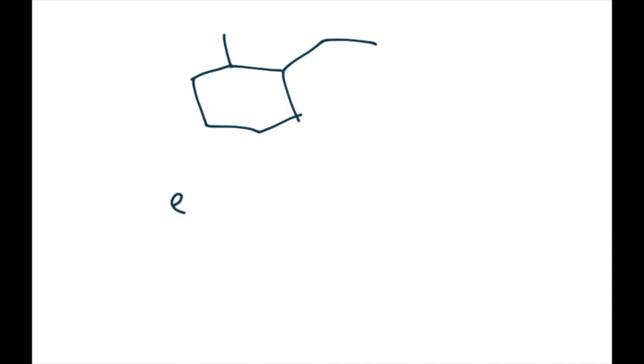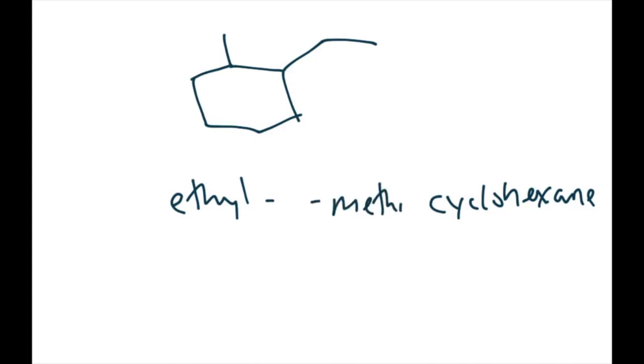Yep. Ethyl and methyl. So there's two ways I can number this. I can go 1, and then I can go 2, or I can go 1, and I can go 2. So here the numbers are exactly the same, so we fall back to the rules that we had before, which is whatever comes first alphabetically. Since it's a tie, everything's exactly the same, so this is going to be 1-ethyl, 2-methyl. So that one's pretty straightforward.